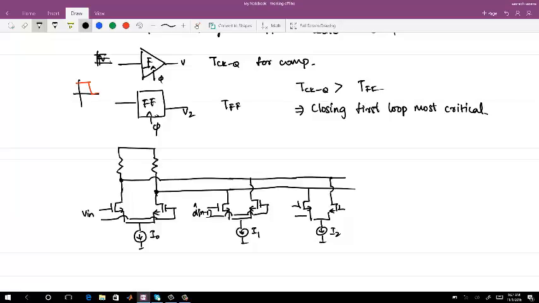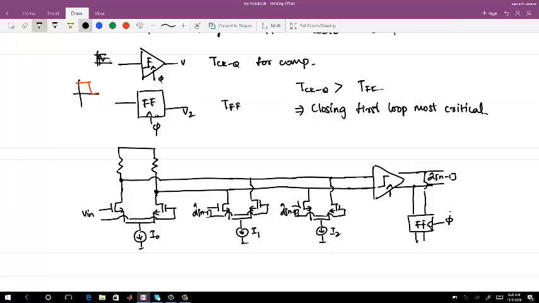This is I2, D of n minus 2, and all these signals are summed up and they go to a comparator, which is clocked. Comparator output is actually D hat of n minus 1, and these comparator outputs go differentially to a flip-flop, which is clocked, and the output is D hat of n minus 2.